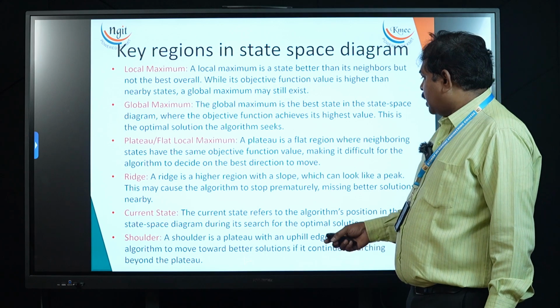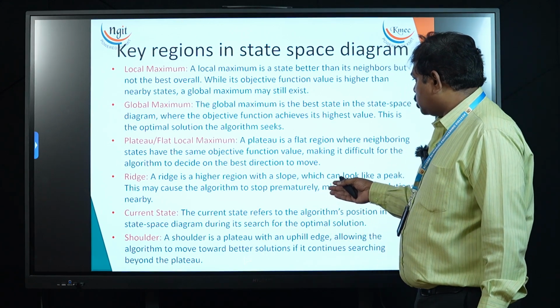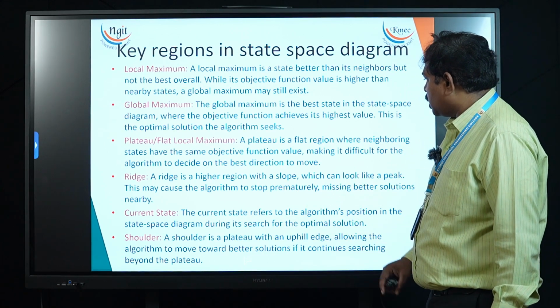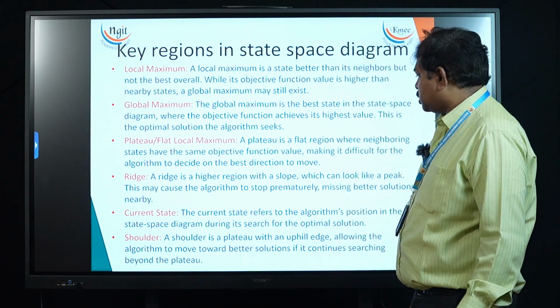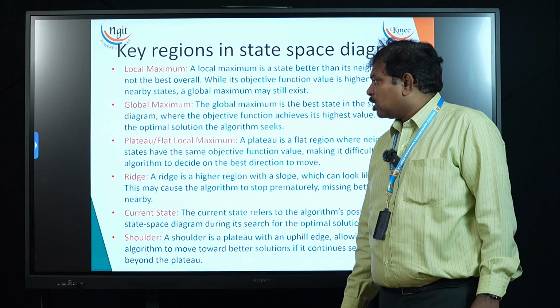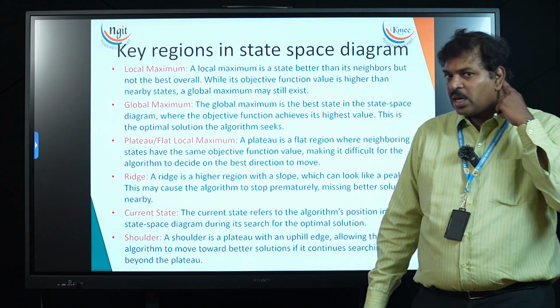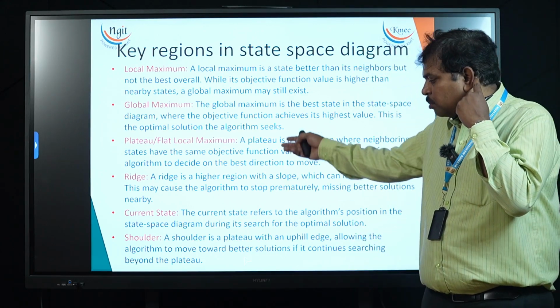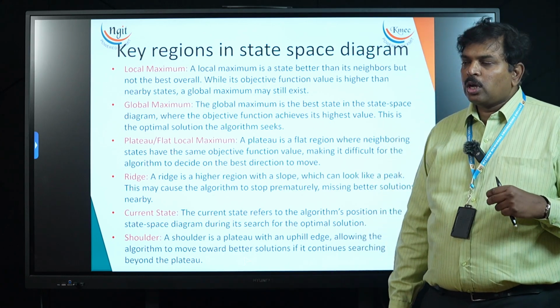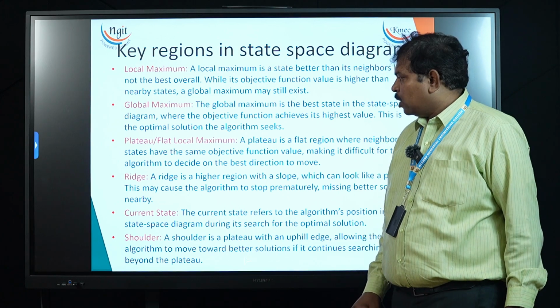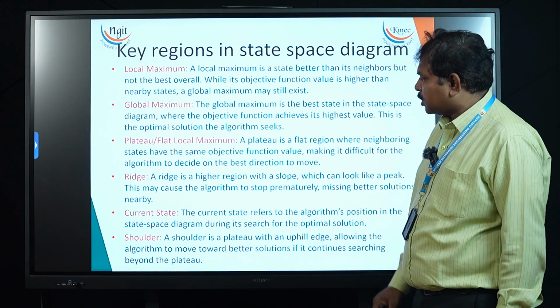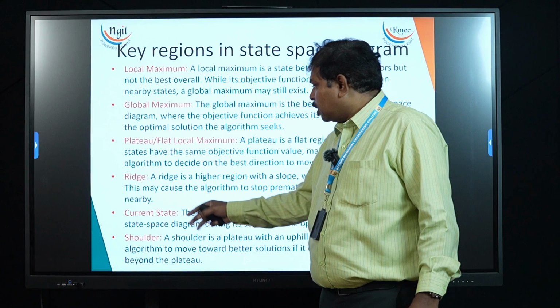A ridge is a higher region of slope which can look like a peak. This may cause the algorithm to stop prematurely, missing a better solution nearby. That means sometimes some states look very easy. In my 8 puzzle, I thought only one step was required, but while solving the problem, it reveals itself with more states. Such a problem we call a ridge.